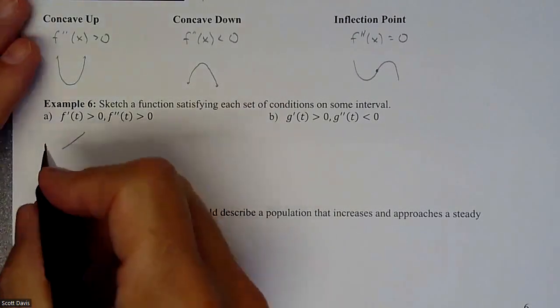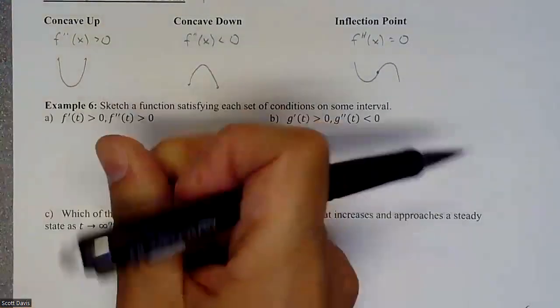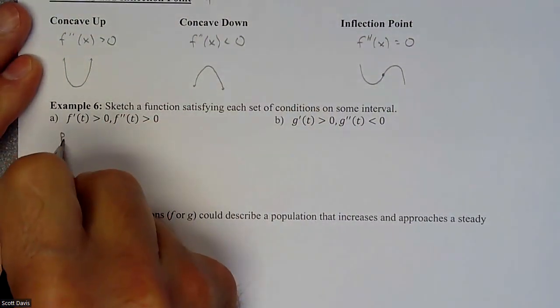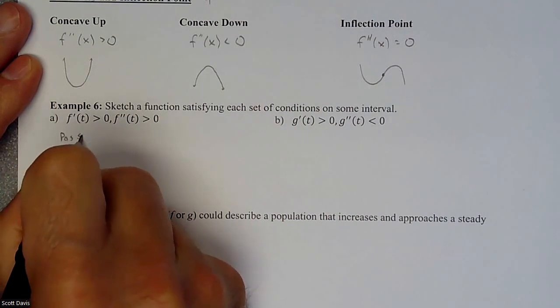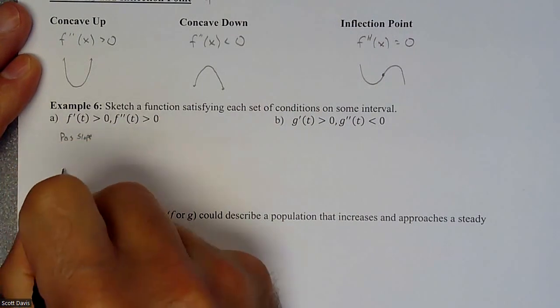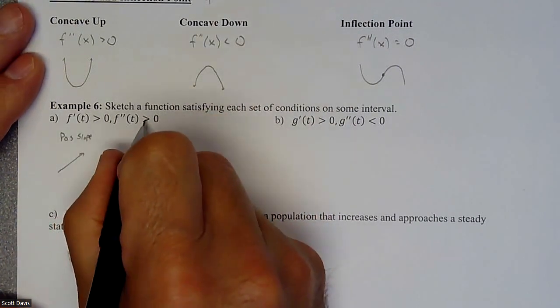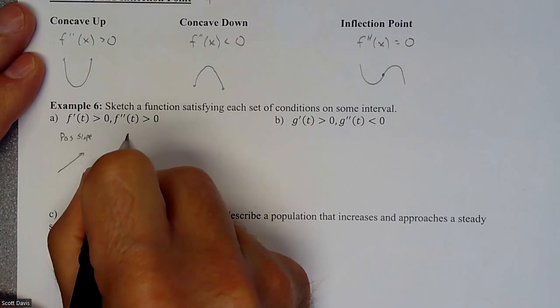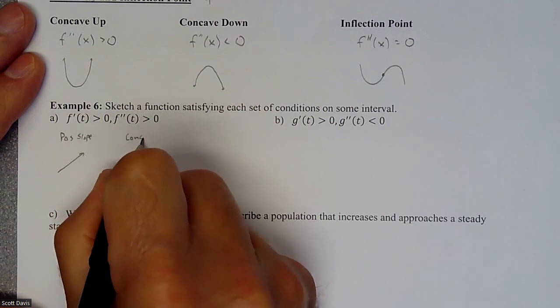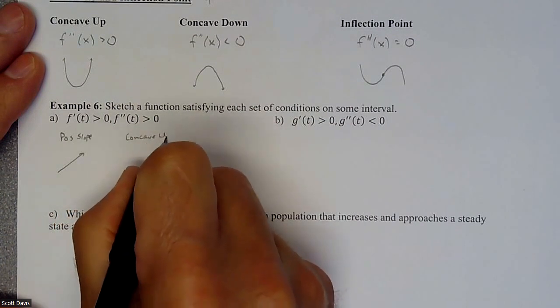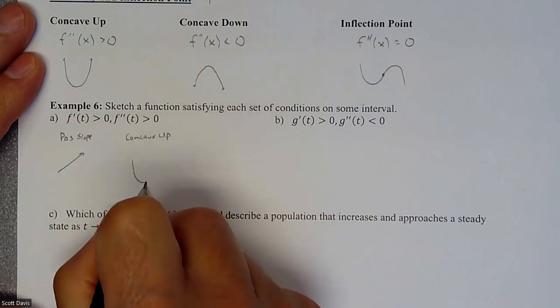So positive slope, looking like that. And then our second derivative being greater than 0 means that it is concave up, which means it looks like this.